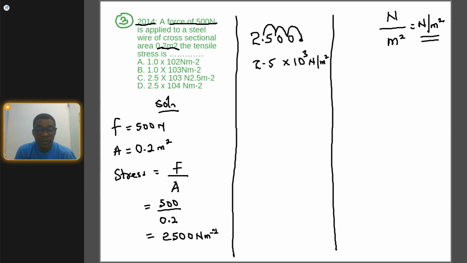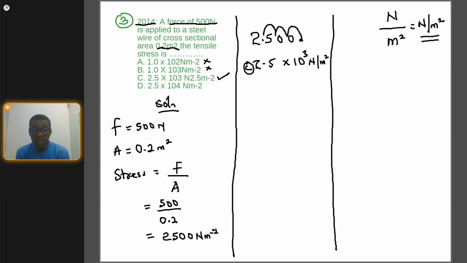So let's check the options. Option A, that is not the answer. Option B, that is not the answer. Option C is 2.5 times 10 raised to power 3 Newton per meter square.